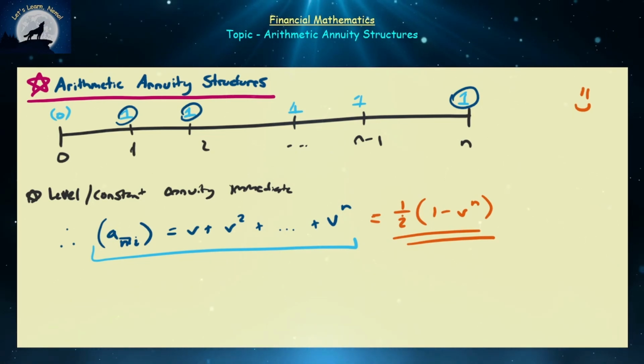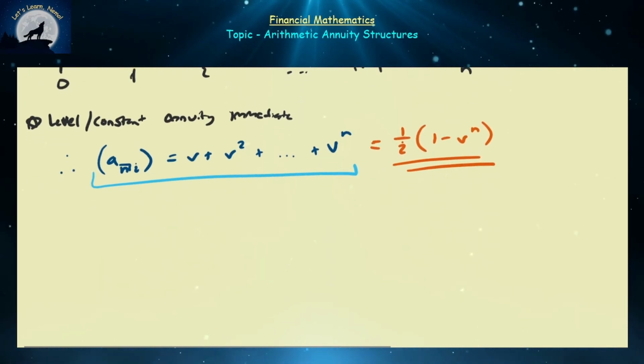So how often do we actually have a unit annuity immediate? Usually they're $200 every month or something like that.